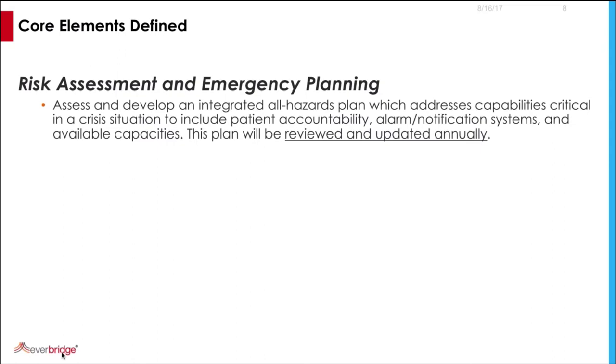There are unique requirements for each. However, generally, these are going to include patient accountability, alarm notification systems, and your available capacities. These will be reviewed and updated on an annual basis, regardless of the survey which is conducted by the CMS auditors.